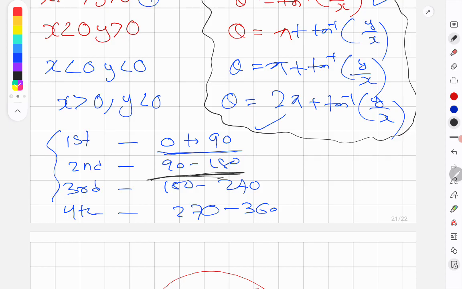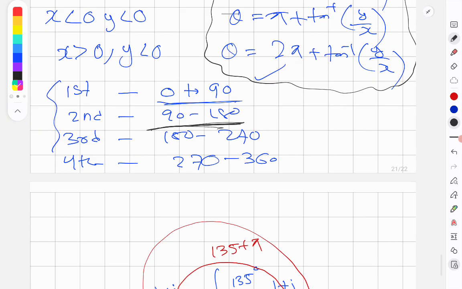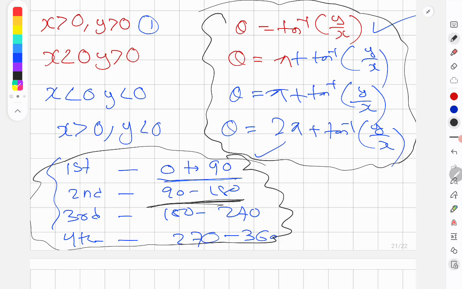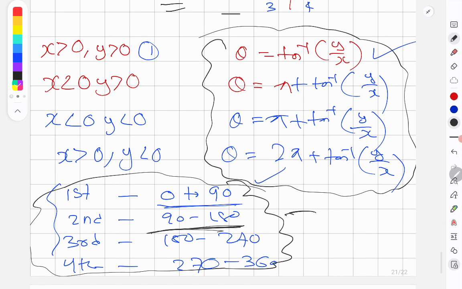So you just add pi, you reach 135. Yeah, so that's the trick, and you can always cross check whether you are doing it correctly by checking this thing. If your quadrant is the fourth quadrant, the angle must be between 270 and 360.